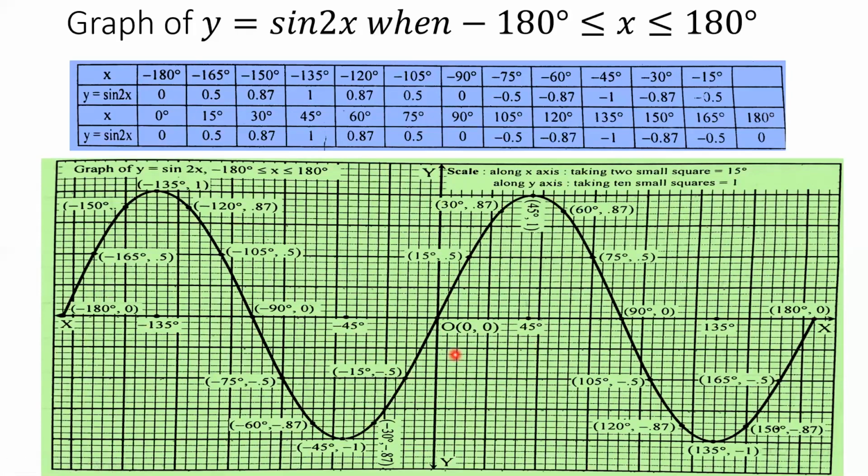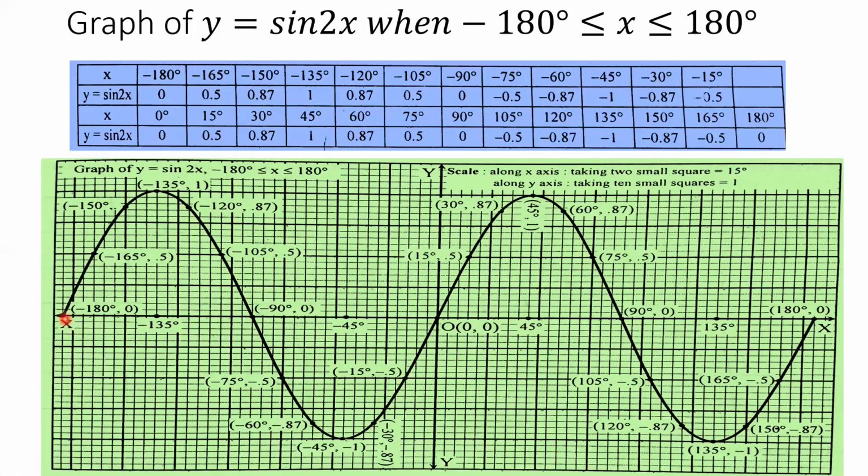Fix the scale along the x-axis, taking two small squares equal to 15 degrees, and along the y-axis taking 10 small squares equal to 1. Now let the tabulated points be drawn on the graph paper and connect them with a smooth line. Hence the graph of the function y equal to sin 2x is obtained.